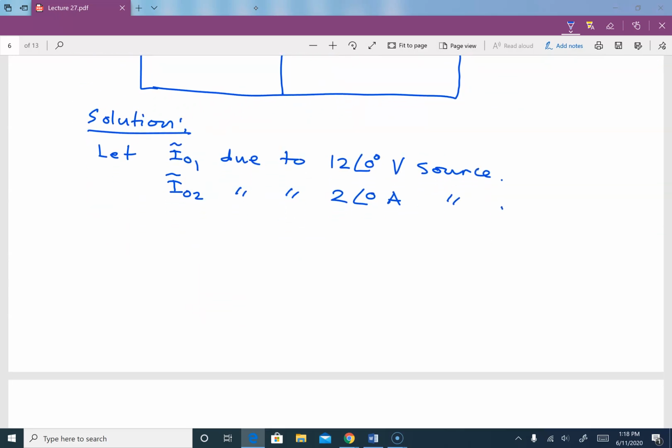So now we will go with our first one, due to the 12 with angle 0 volt source.